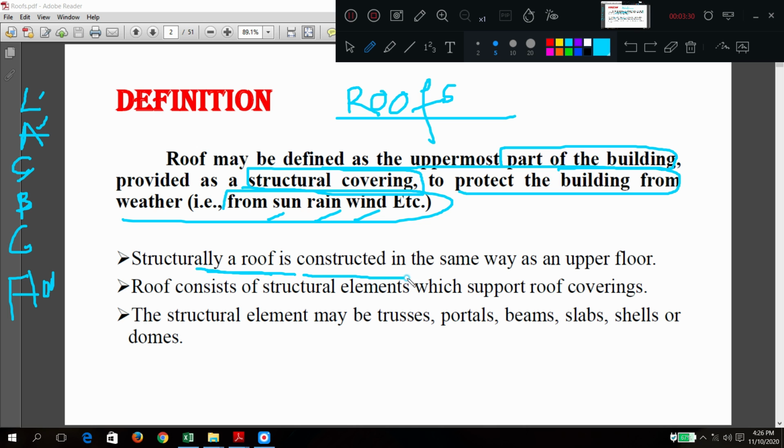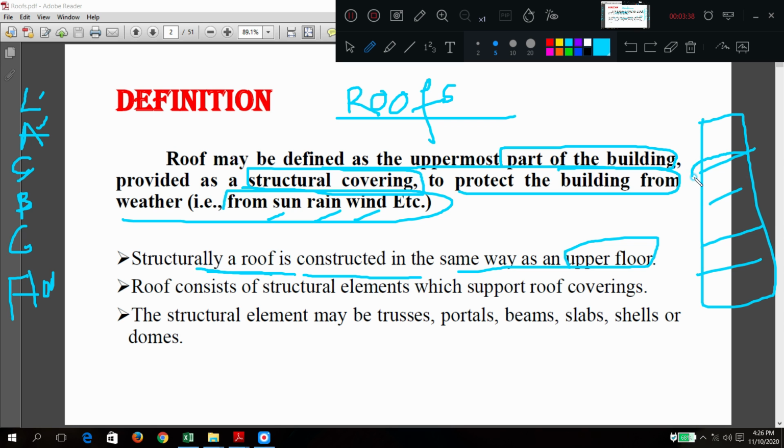Structurally, a roof is constructed the same as an upper floor. Whatever methods we have seen for floors, it is constructed the same way, but there is one extra thing. All the components will be there plus one extra thing: the roof covering material.